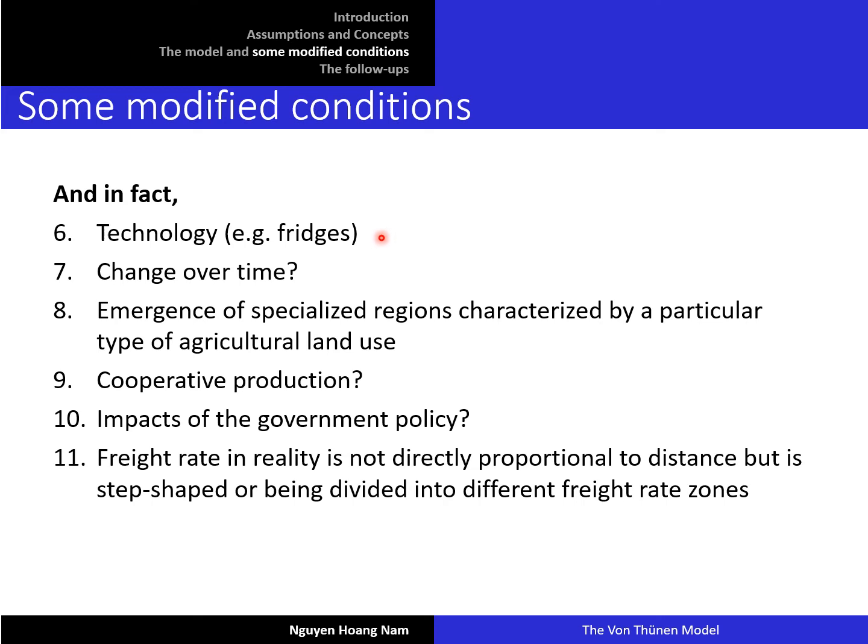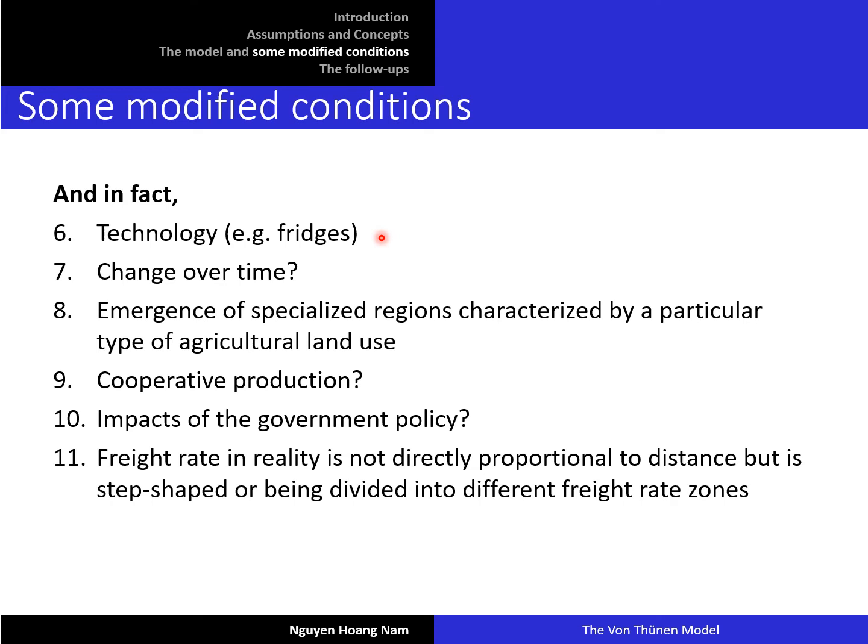Technology, yes, we have fridges which help us reduce the transport cost, because we will have less fruit ruined by higher temperature. We have fridges, but of course we still have to pay for electricity, so the cost is still there, but it's much lower than without the fridge, since we don't have to lose the fruit or the food.